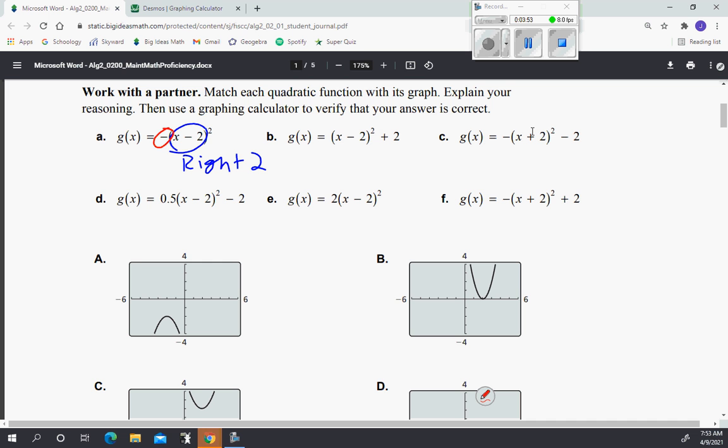What does that negative do? It flips it. It means that my normal graph was that U, and this graph flips and goes down now. And the vertex goes right 2.